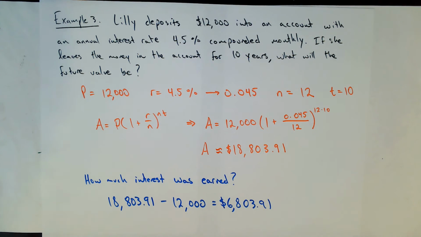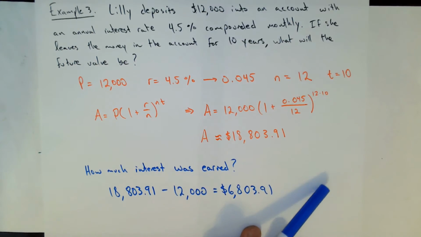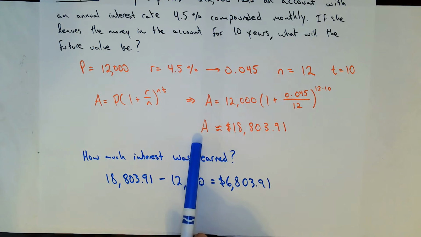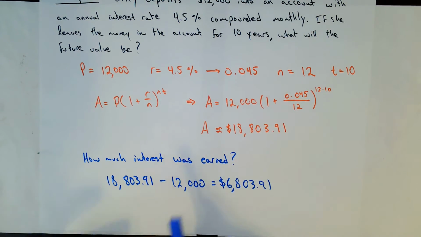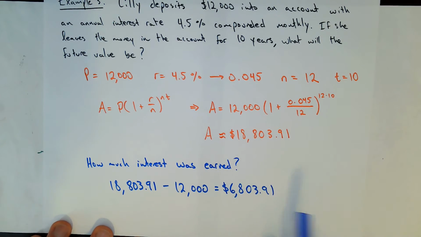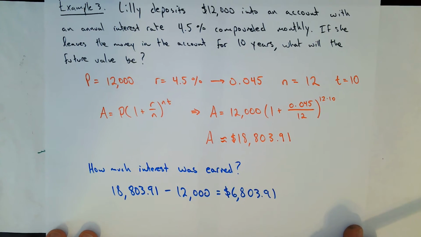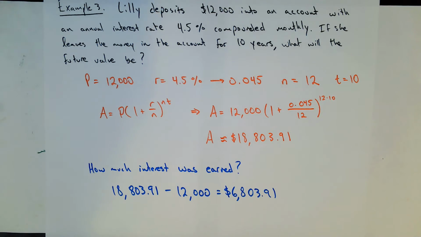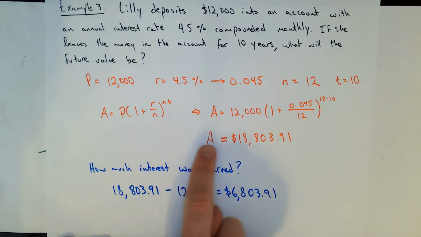So again, this formula does not explicitly give you the interest earned. If you want to just know the interest that was earned, you got to do this extra step where you take the total future value or the total amount and subtract the principal back out to find out how much interest was earned over that whole 10-year period. But to be honest, in real life, the question that you are going to want to answer more likely is this question, right?